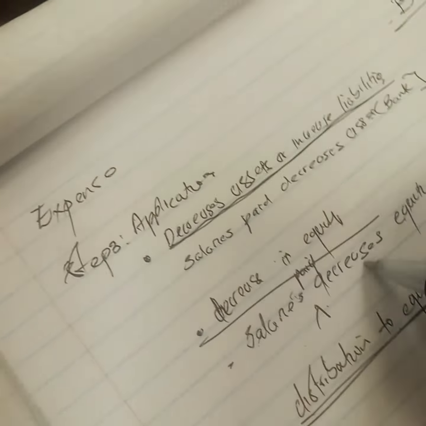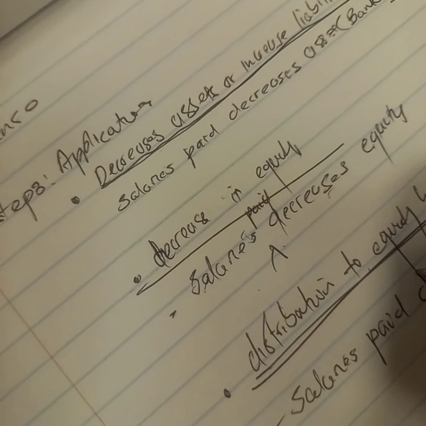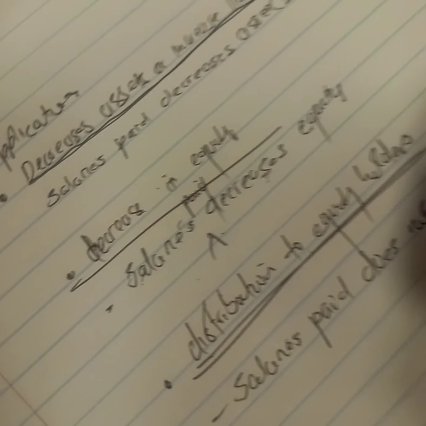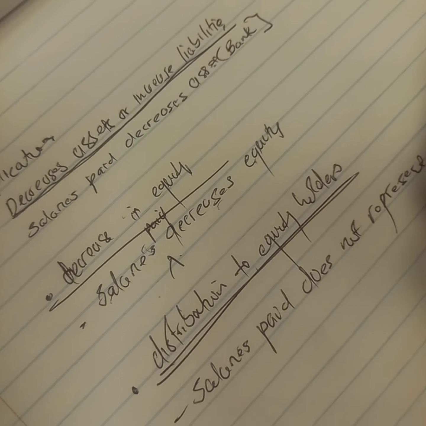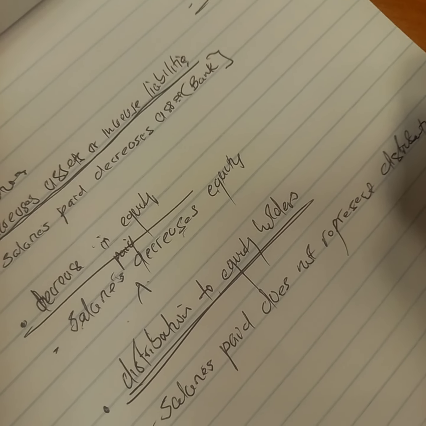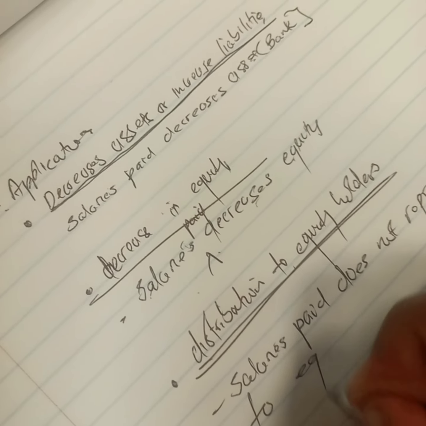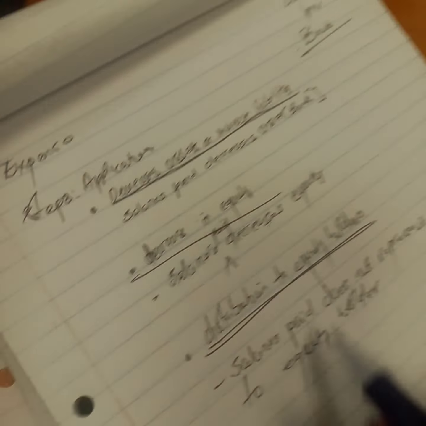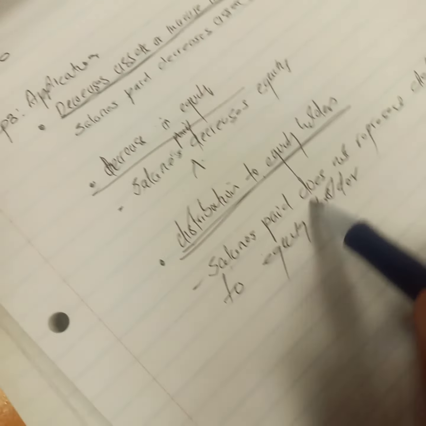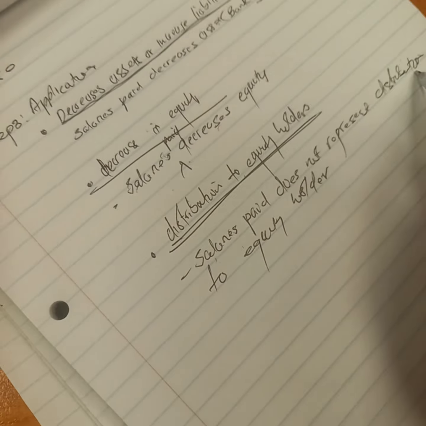So here you're gonna say salaries paid does not represent distribution to equity holders. So there's only one item that represents the distribution, which is your dividends. So you're gonna say salaries paid does not represent the distribution to equity holders. So that's how you apply your expense.